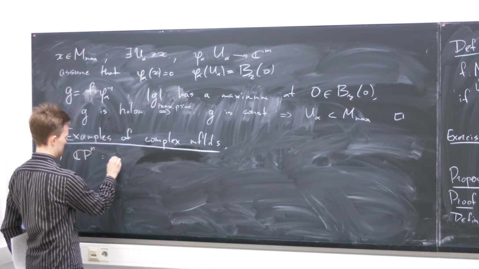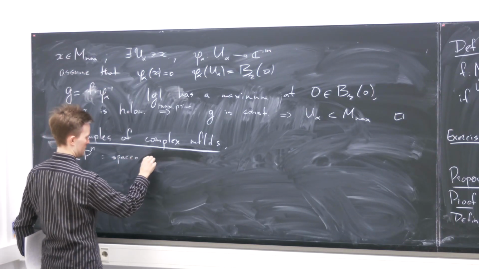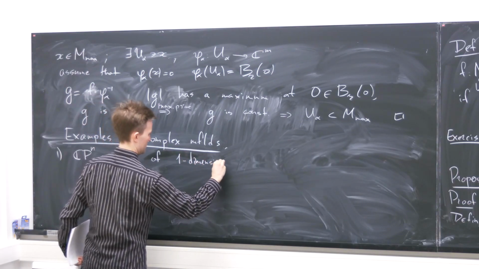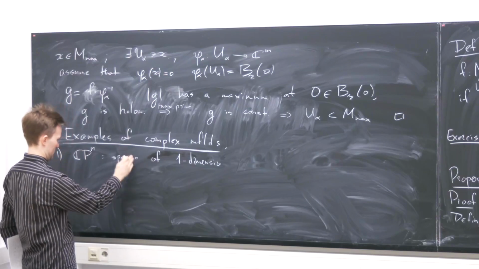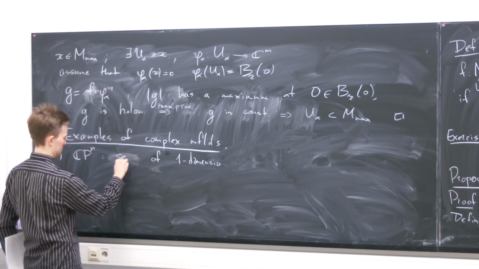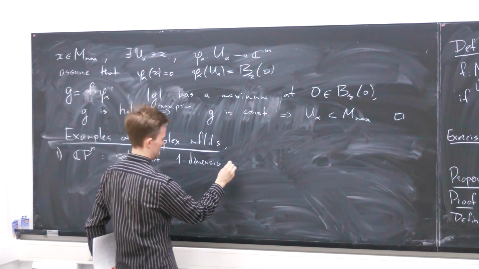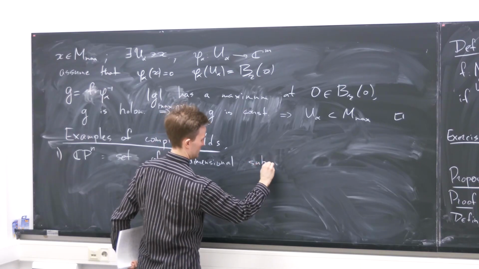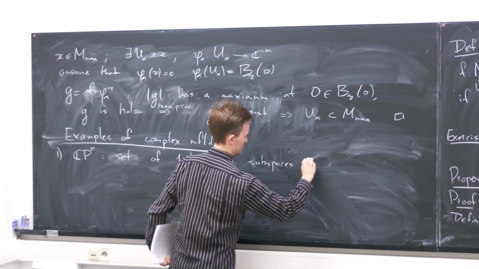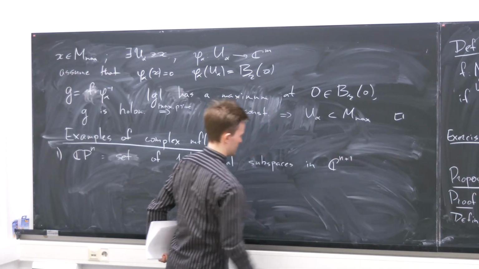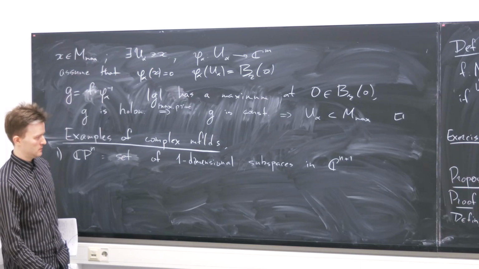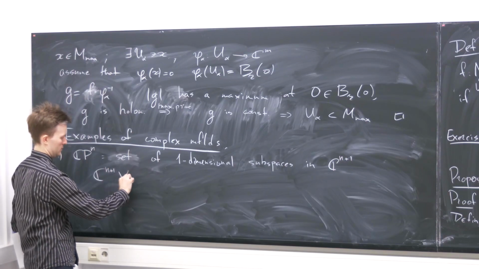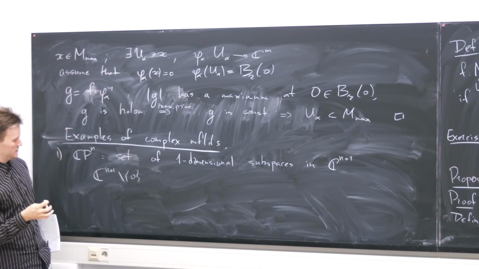So this, as a set, is just the set of one-dimensional subspaces in Cn+1, right? Or you can say that this is a quotient of Cn+1 minus 0 by the action of C star.